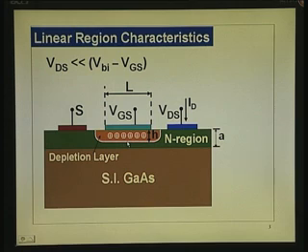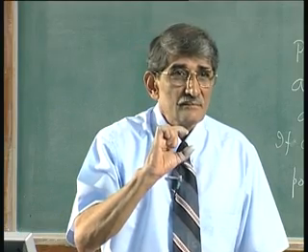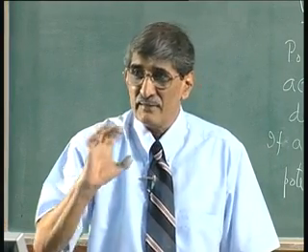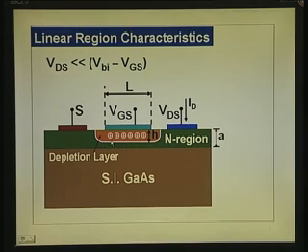So, conduction takes place only through this layer. It is as if you have removed that layer. As far as the drain source region is concerned or the channel is concerned, as if you etched out that portion, but it is there physically, you have removed the electrons. So, this is an insulating layer virtually, okay, and the conduction takes place through this layer. So, channel thickness now is A minus H. So, that is the width, okay, and H depends upon that quantity.